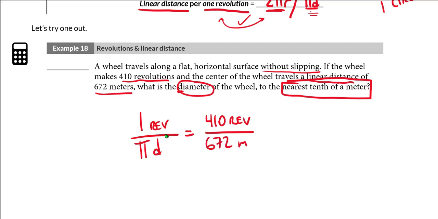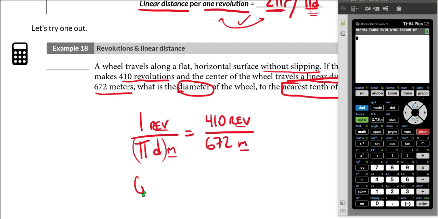So now, if I cross multiply and solve for d, I will have the diameter of the wheel. So that's what I'm going to do. 672 times 1 is, by the way, this really should have meters written there just so that we're writing all of our units like we're supposed to do in a proportion. So 672 times 1, that is 672 equals 410 pi d.